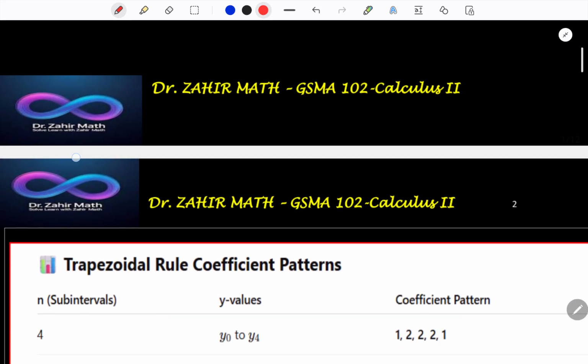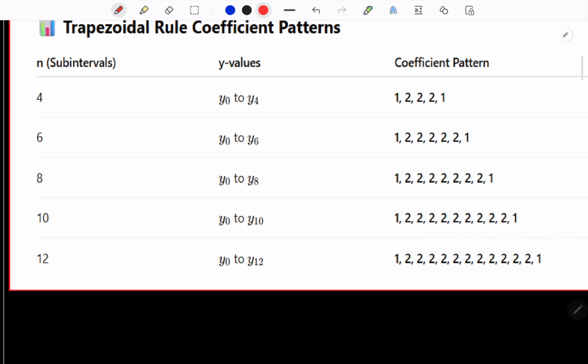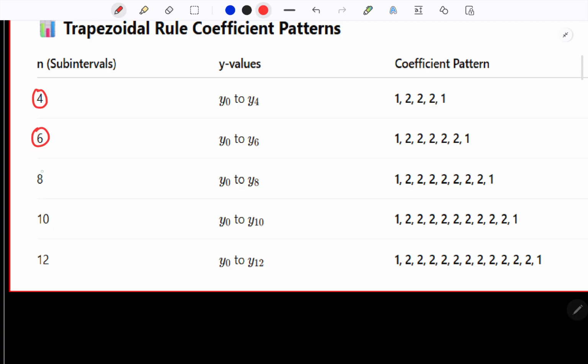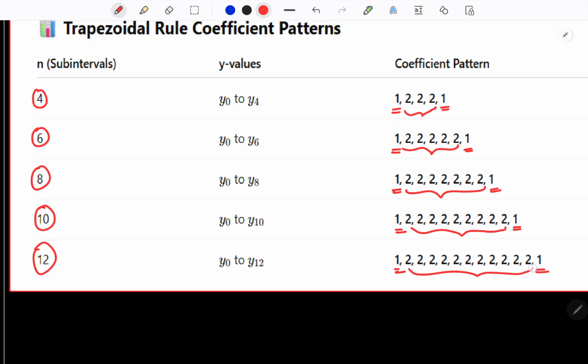Now look at the trapezoidal coefficients. Based on the interval n, where n is equal to 4, 6, 8, 10, the first and last values in all the intervals will be the same, 1 and 1. And in between, all the numbers are going to become 2.